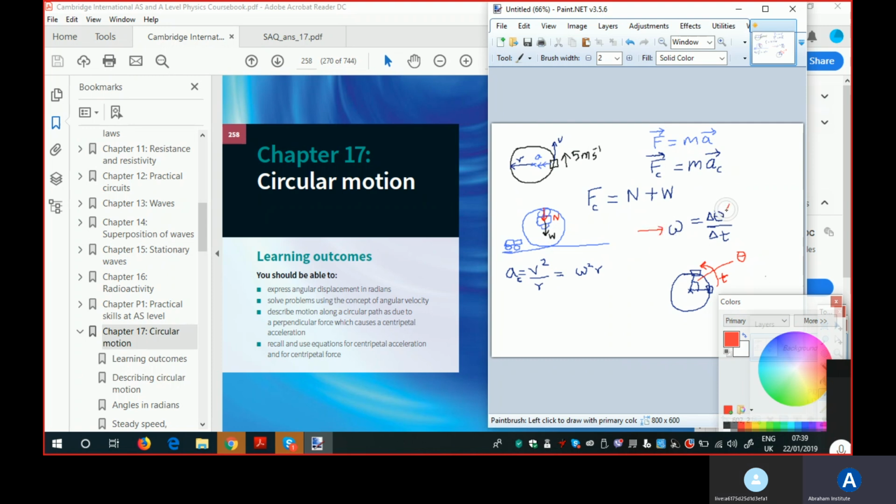This is the angular displacement, and this is the angular speed or angular velocity. So I label this angular displacement, and this is the angular velocity.